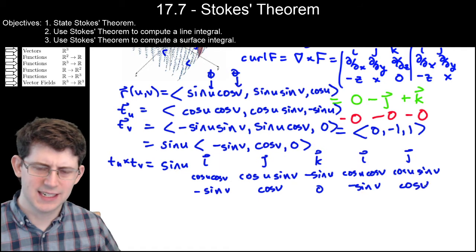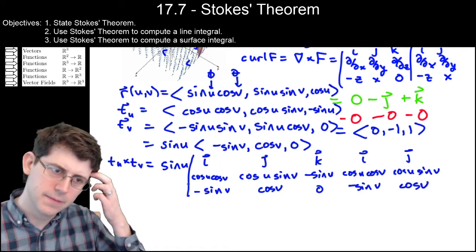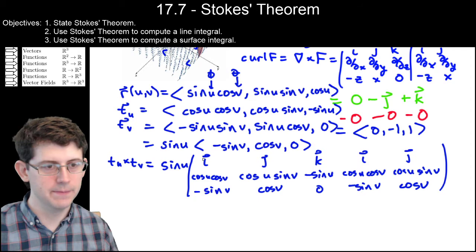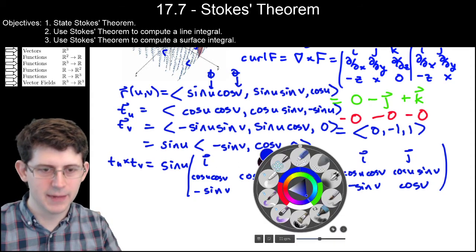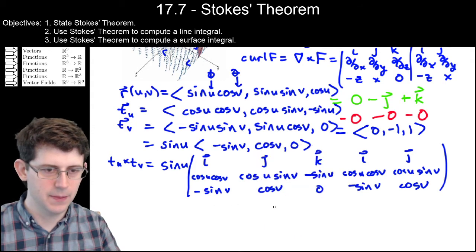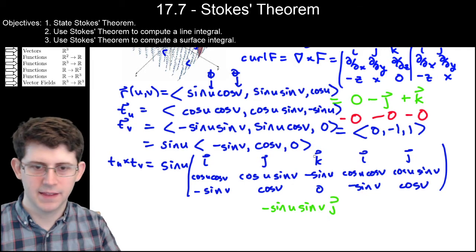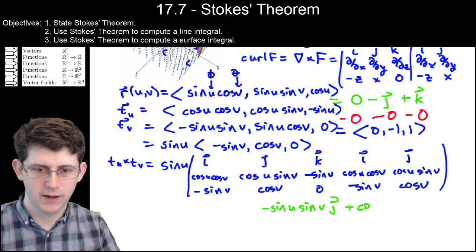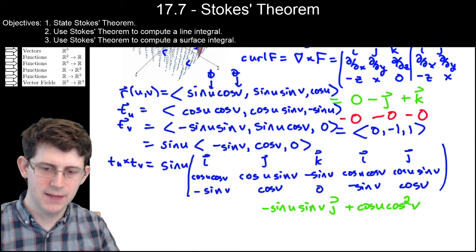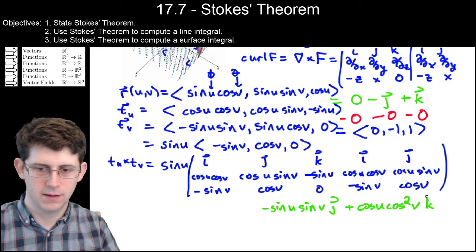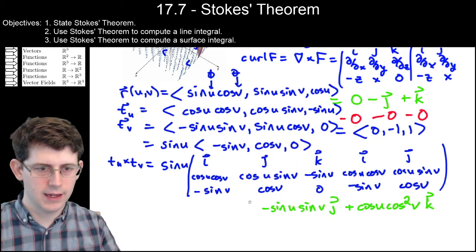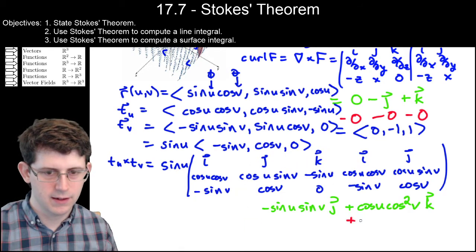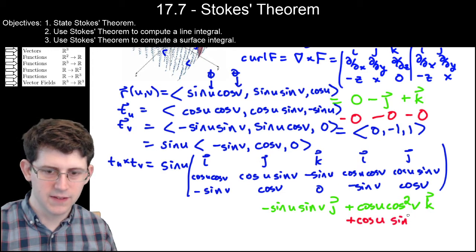I feel like I've done this exact thing before. Oh well. In the i component, I get 0. In the j component, I get minus sine u sine v. In the k component, I get cosine u cosine squared v. Then going backwards, I get plus cosine u sine squared v.